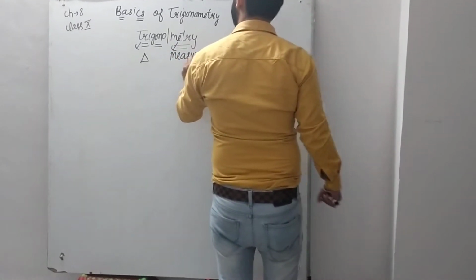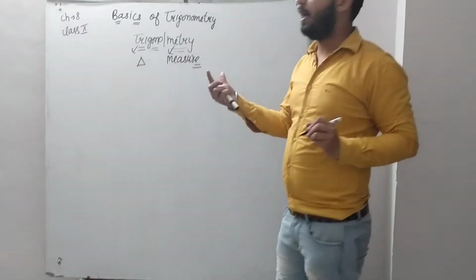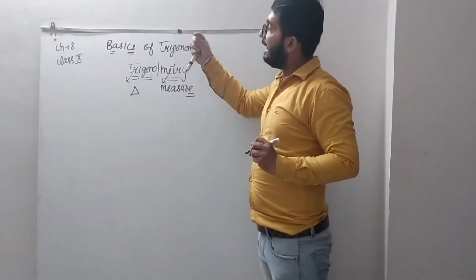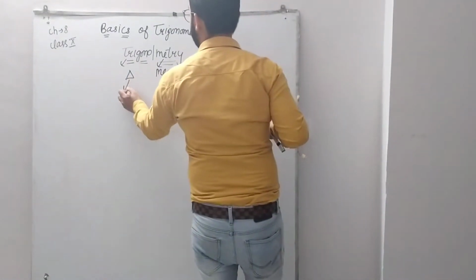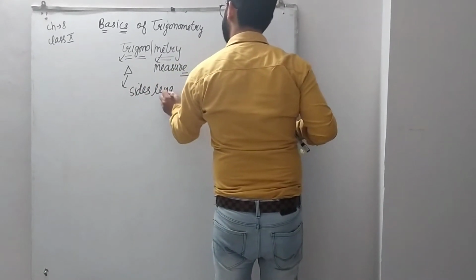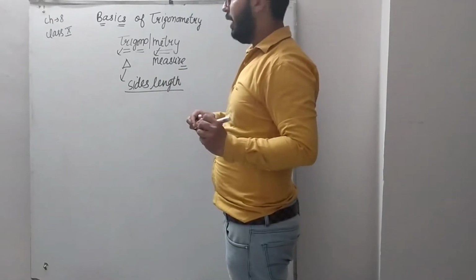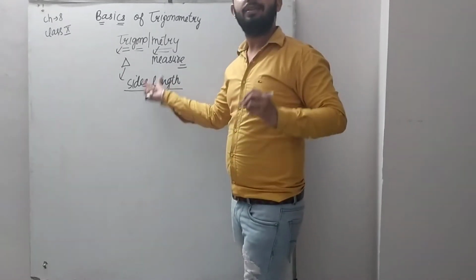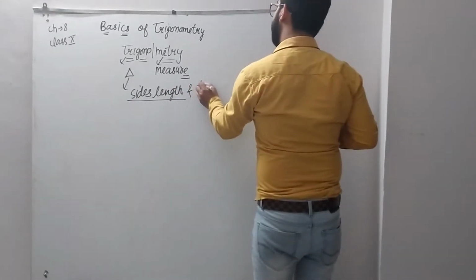Trigonometry is the branch of mathematics that studies the relationship between the length of the sides of the triangle and the angles of the triangle.